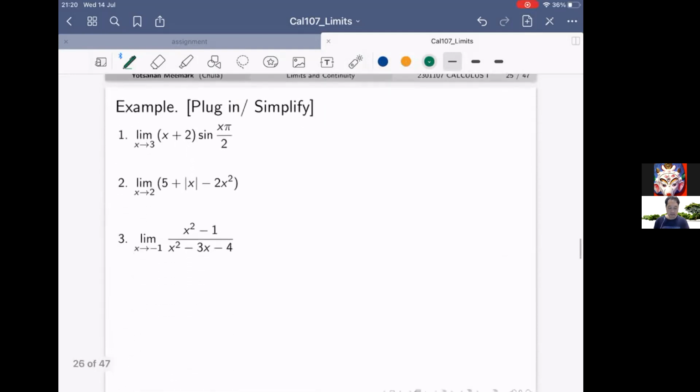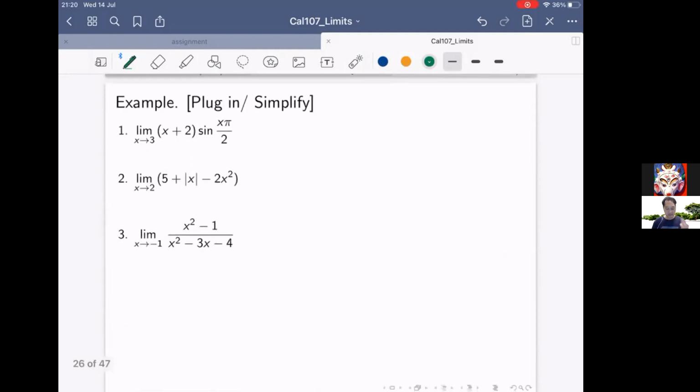So let's try this example. Look at this example. Actually, this is two functions multiplied. One of them, if you plug in 3, you get 5. And for the other, if you plug in 3, you get sine of 3 pi over 2, which is -1.